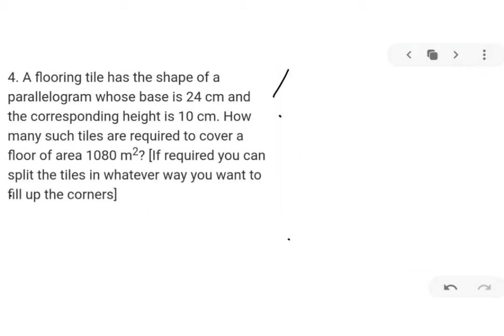Okay, so I have a parallelogram tile, that is 24 by 10 centimeter. So I'll convert both of them into meters. Base will be 0.24 meter as I have divided by 100. And for the 10 centimeter altitude, which is height, it will become 0.10 meter.